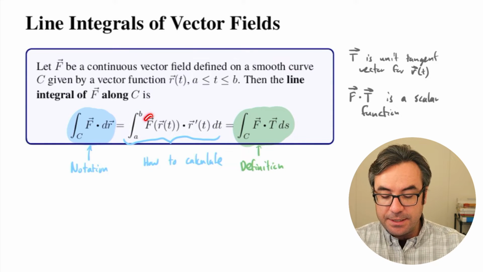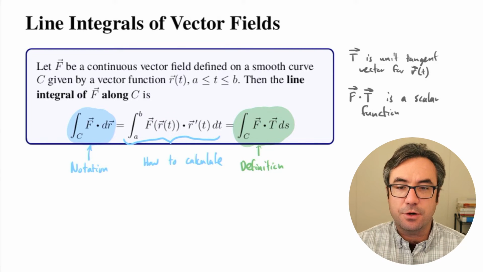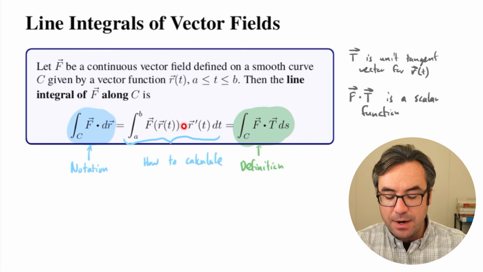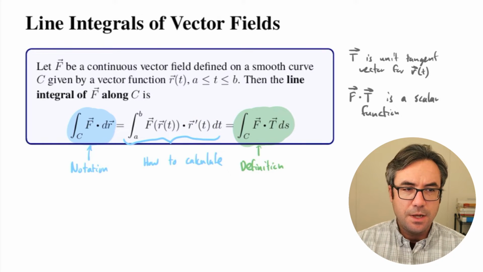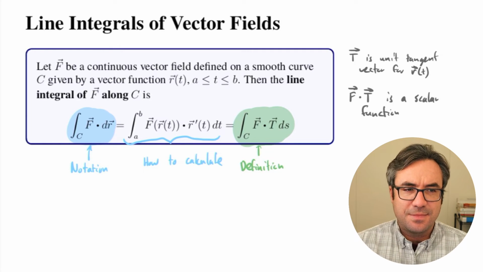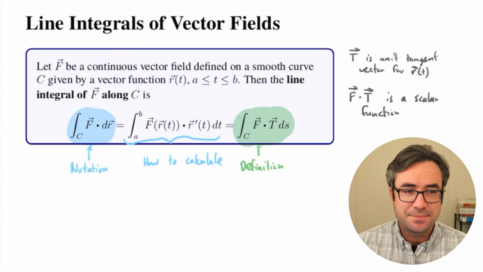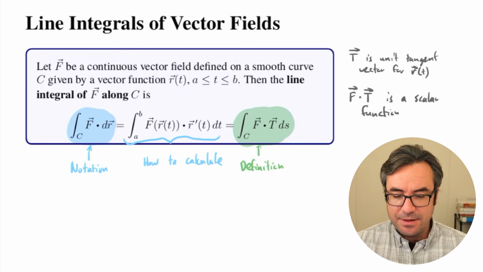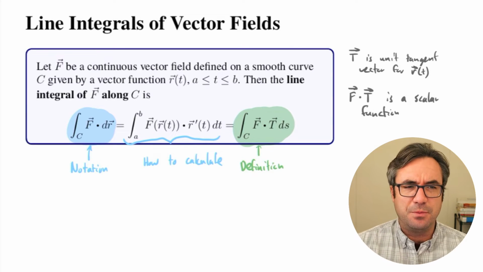And we're going to take our vector field and we're going to plug in the parameterization of our curve. And then we're going to do the dot product of that with r prime. All right, so let's see an example on how to do this. And then we'll come back and we'll look at this definition a little bit more.